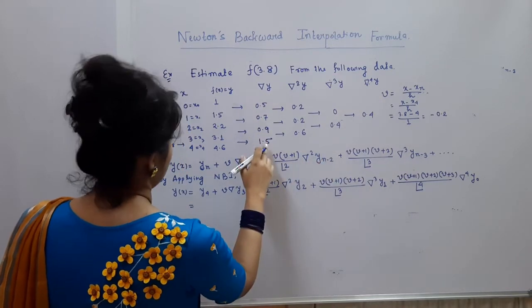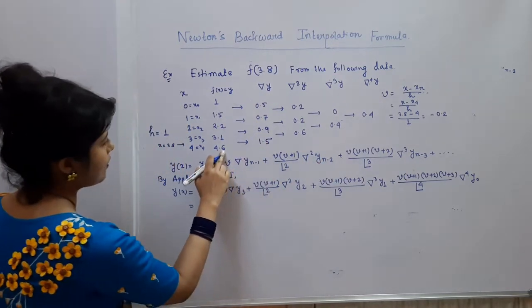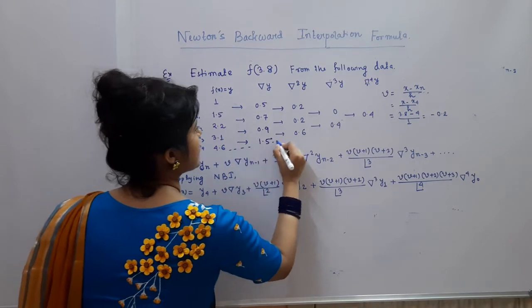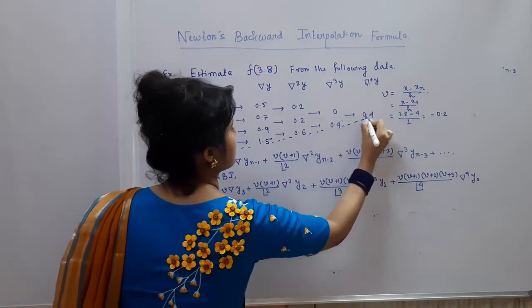So therefore this is y4. So we need these values for backward interpolation.